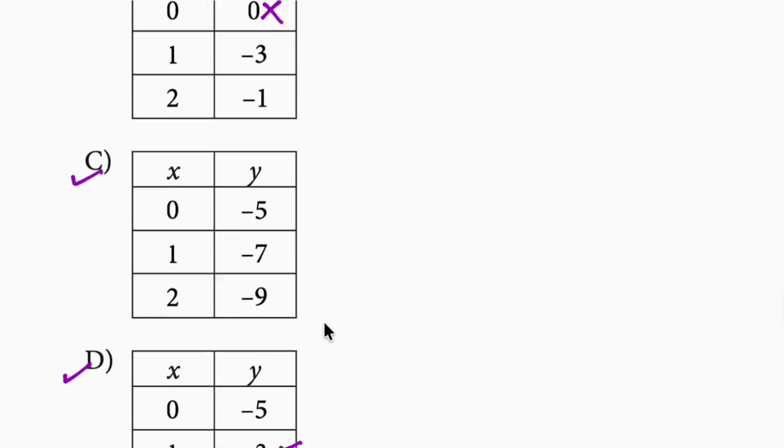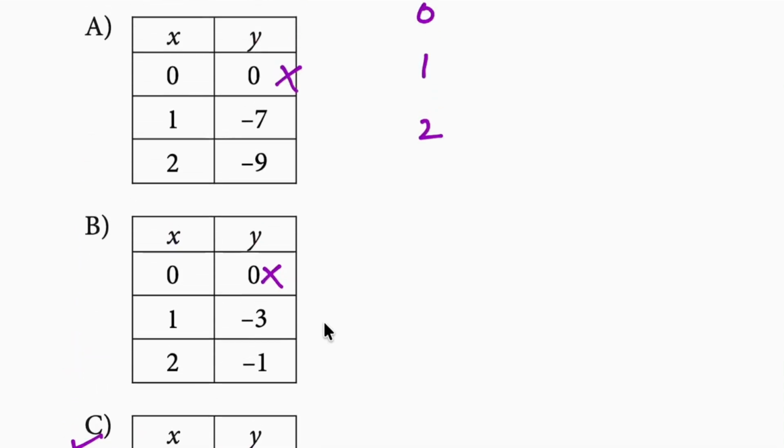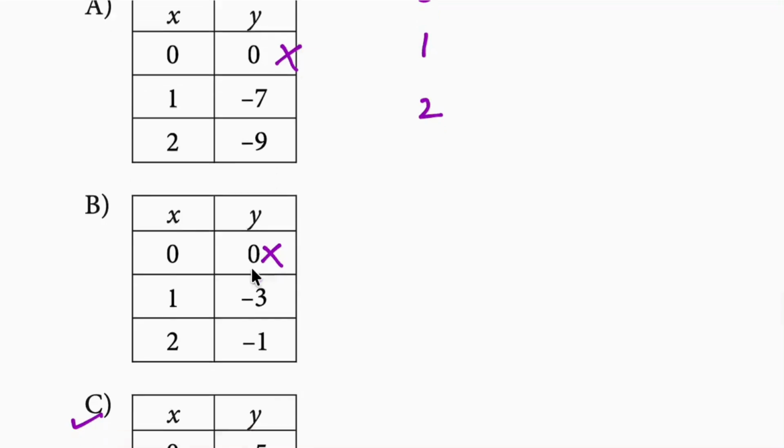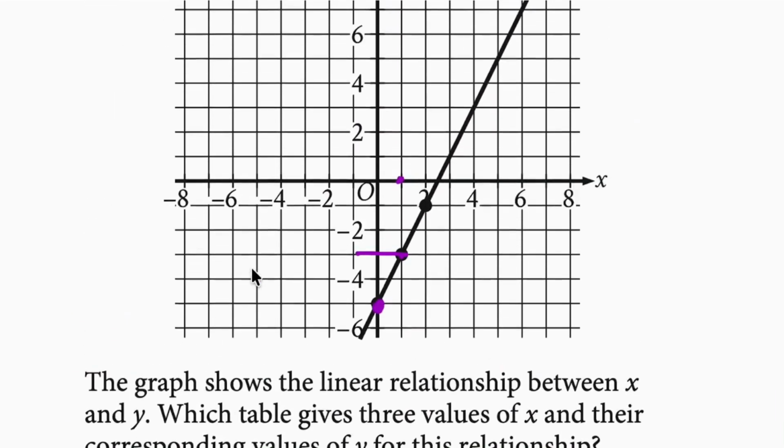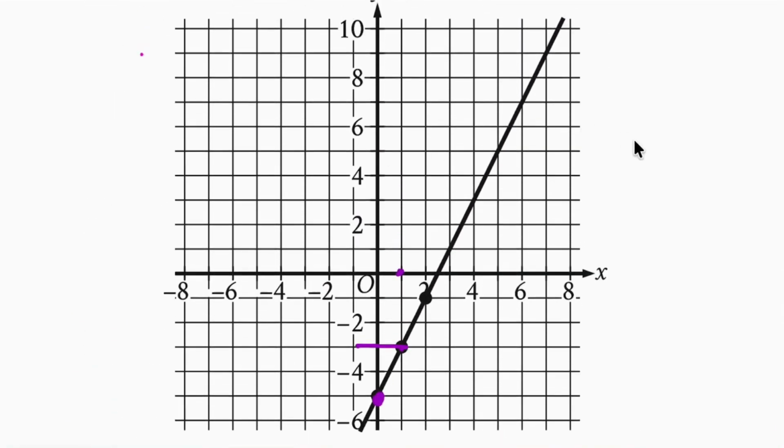Now if you want to do the whole question, in every option you have to check the corresponding value of y when x is 0, 1 and 2. So you can write the coordinates here. When x is 0, 1 and 2, check from the graph. When x is 0, y is -5. When x is 1, y is -3.